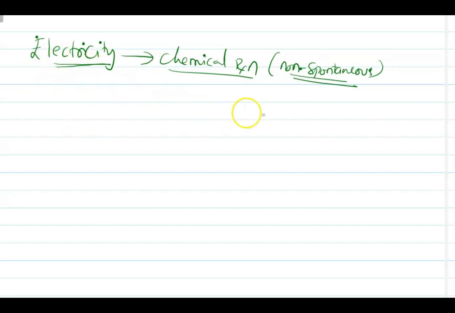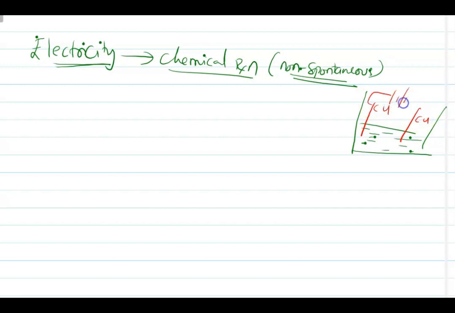In these electrolytic cells, whenever you perform electrolysis, you use a cathode, anode and electrolytic solution. Let us take one of the best examples of electrolytic cells. Two copper electrodes are taken, copper as anode and copper as cathode, connected to electricity.